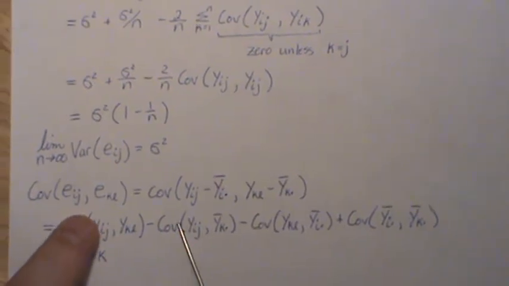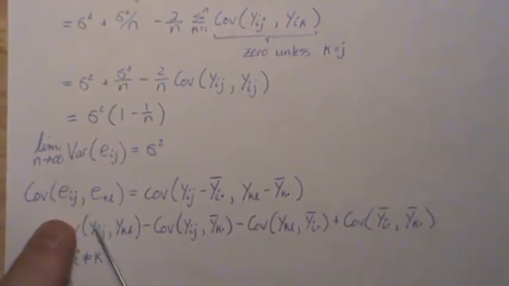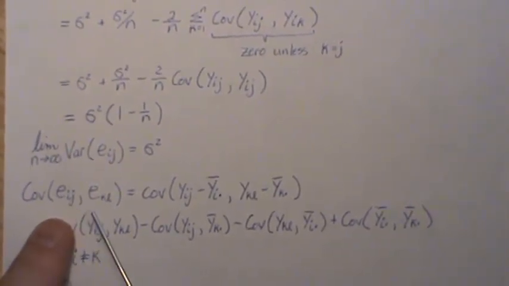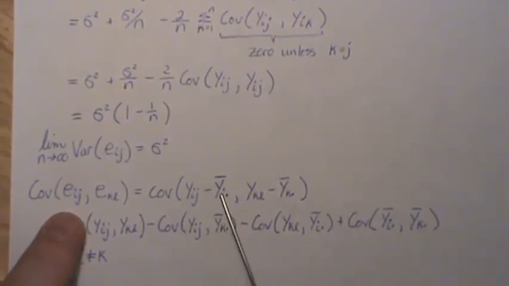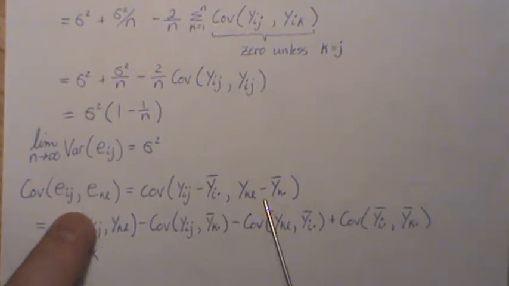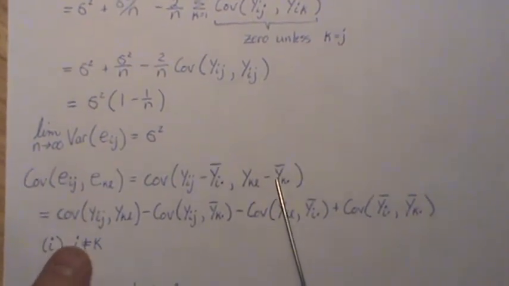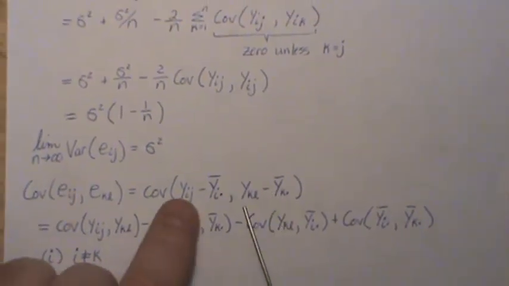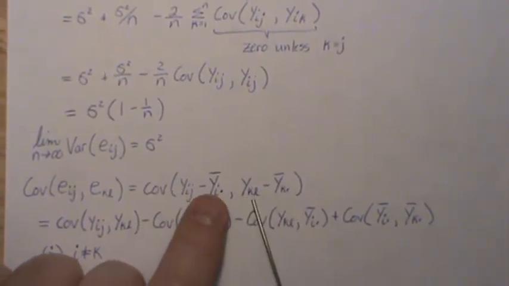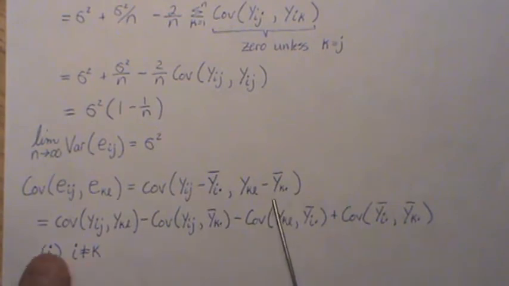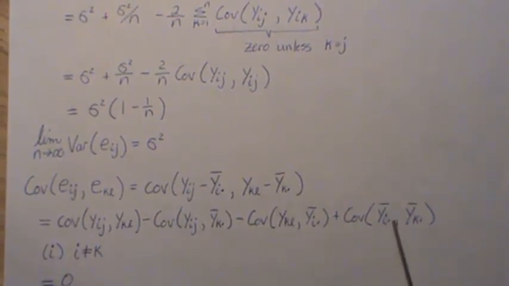And so let's look at the covariance between any two residuals. So EIJ, EKL. We replace what EIJ is and EKL is. And now, when you do the covariance, you look at the covariance of this, covariance of this, covariance of this, covariance of that. And that's what I've rewritten here.